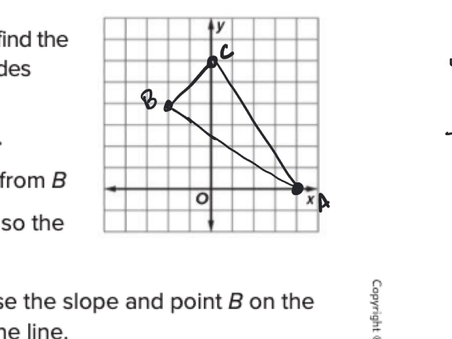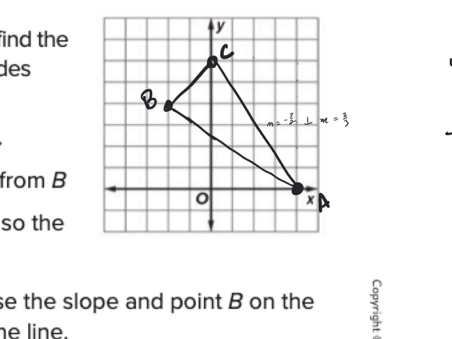To find these perpendiculars, we would calculate the slope of AC and then find the perpendicular slope to it. If you look here, the slope is 1, 2, 3, 4, 5, 6, 1, 2, 3, 4, so the slope here is equal to negative 3/2. So a perpendicular slope would be equal to 2/3.